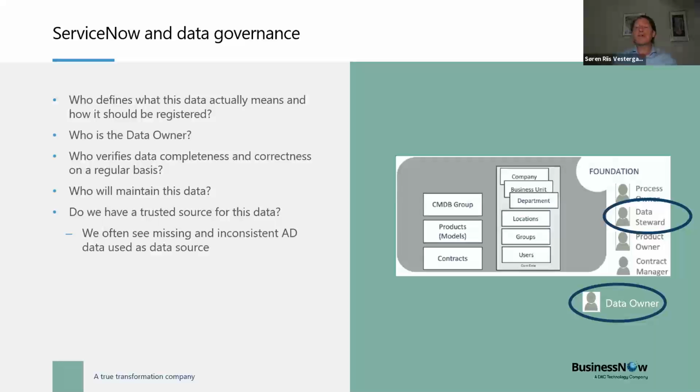The data steward role is actually part of the foundation dimension now. The data owner is not. It's something that we in BusinessNow, coming from data governance best practice, see as a role which should go hand in hand with the data steward. And my guess is that it will be included in future versions of the CSDM.